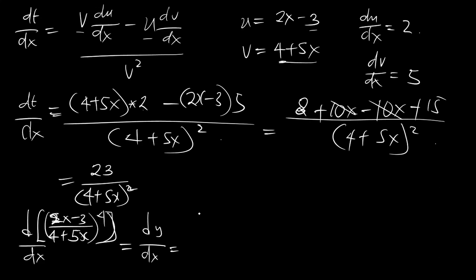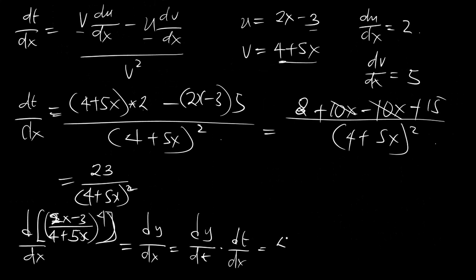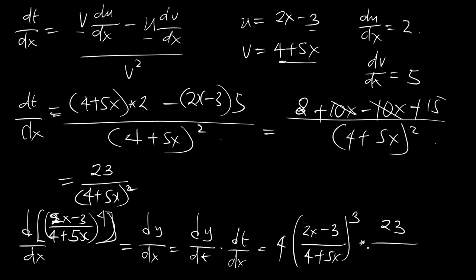So it's also the same thing as dy/dt times dt/dx. This is what we get, which is 4 into 2x minus 3 all over 4 plus 5x all to the power 3, times this value, which is 23, divided by 4 plus 5x all squared.